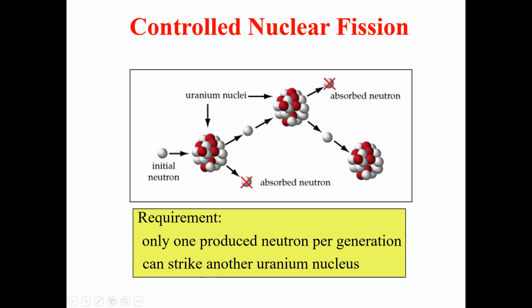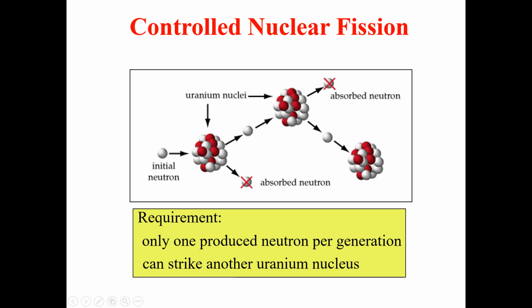If we are interested in controlled fission, what do we actually do? Out of the 2 or 3 neutrons, we utilize only 1 neutron for further fission, and the other neutrons are absorbed. How are they absorbed? We use different moderators or absorbers to absorb the extra neutrons and allow only 1 neutron out of the 2 or 3 produced in the first fission.